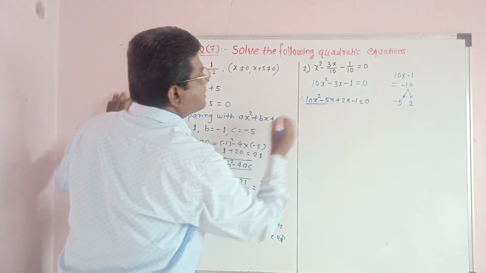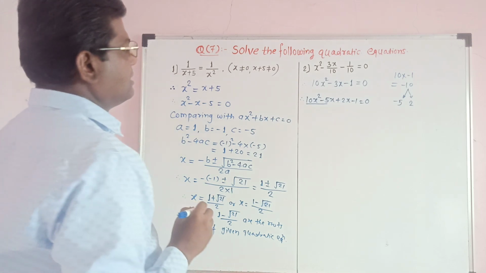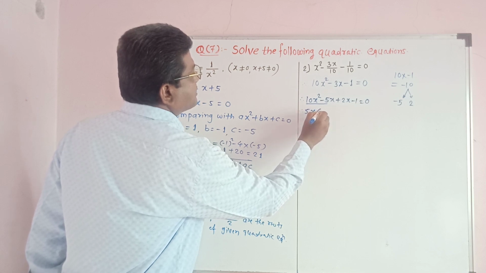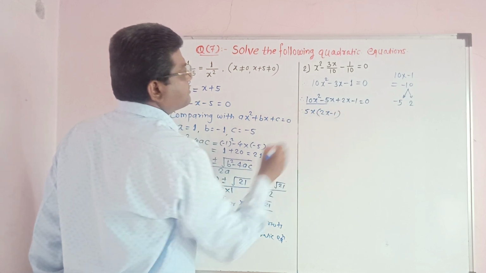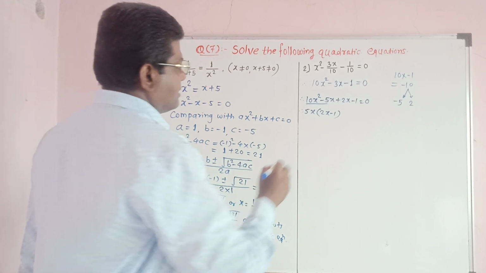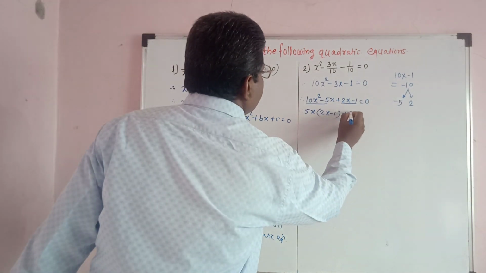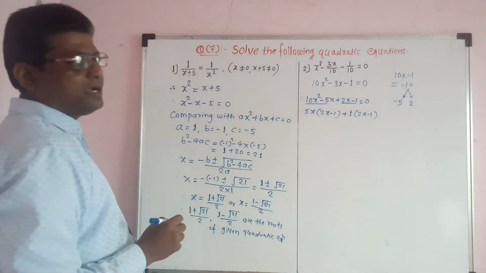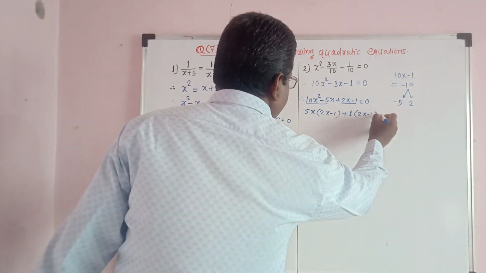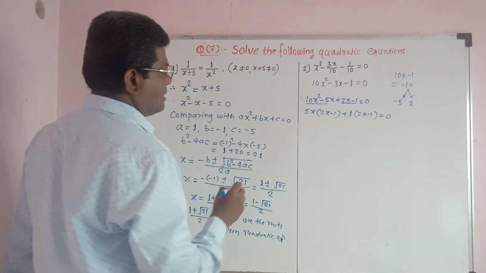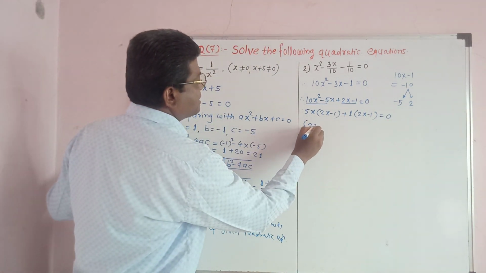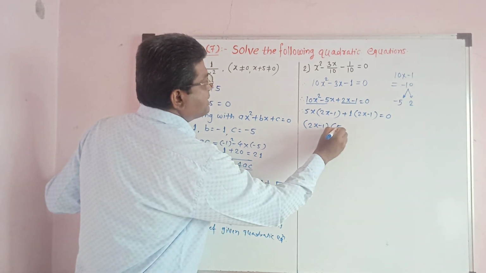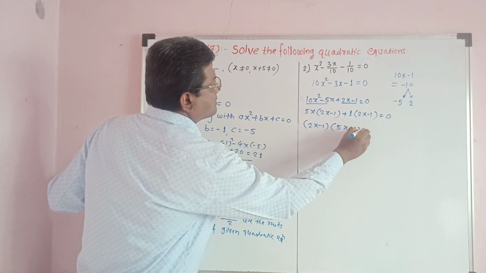Take 5x common. Therefore 5x in bracket 2x minus 1. Take 1 common from these two terms. Therefore 1 in bracket 2x minus 1 is equal to 0. Take 2x minus 1, this bracket common, in another bracket 5x plus 1 is equal to 0.